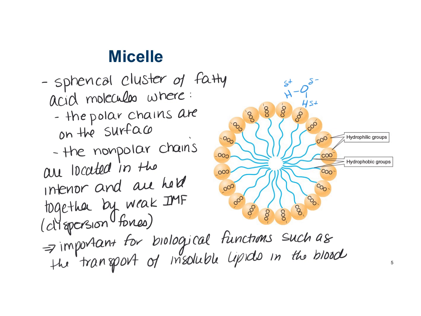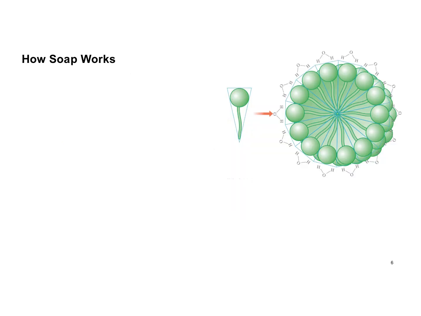Now, another place that we see micelle formation that's really important is in soaps. So how soaps work is that they form a micelle here, and the interior here is nonpolar. And so what happens then is that dirt is also nonpolar, and oil and things like that go into the interior of the micelle.